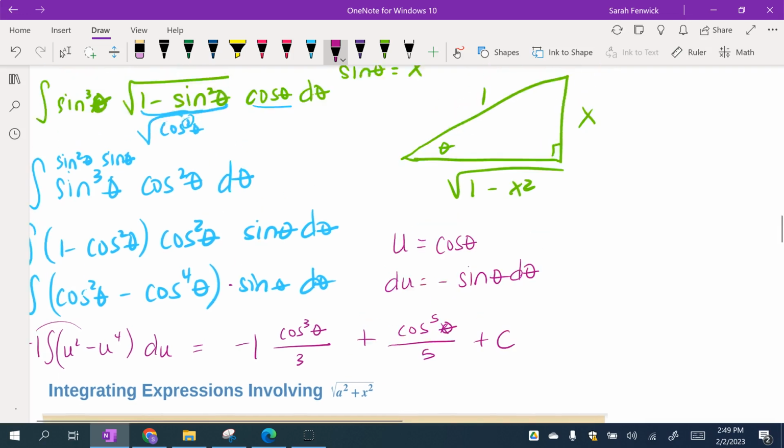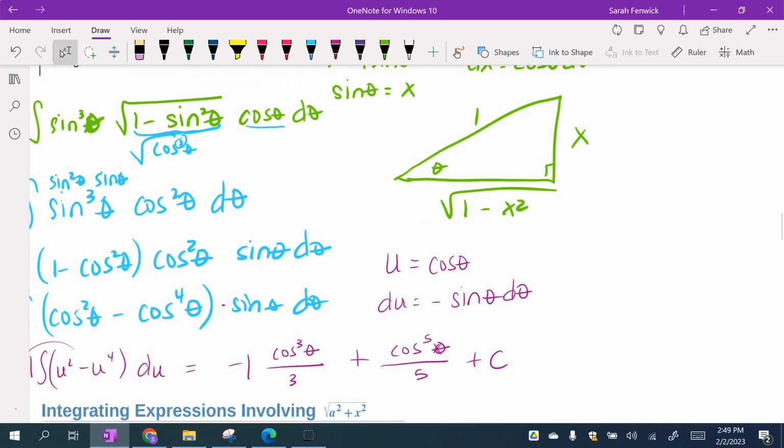Now, we've got to go back and fill in for cosine. Cosine theta is going to be the square root of 1 minus x squared over 1.